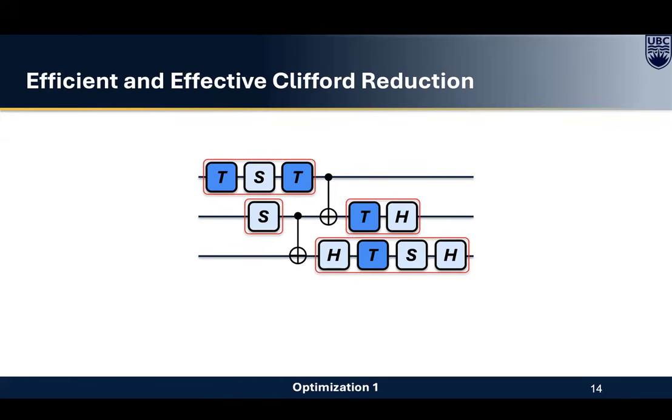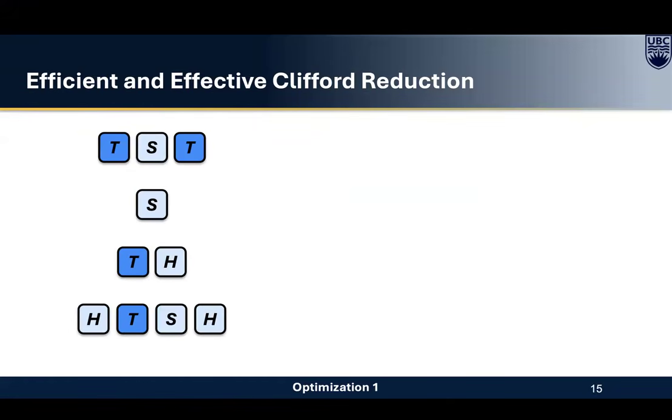We target all single-qubit Clifford plus T gate sequences. If you just look at those gate sequences, there are too many possibilities, so we can't do a straightforward or effective optimization just by looking at random gate sequences.